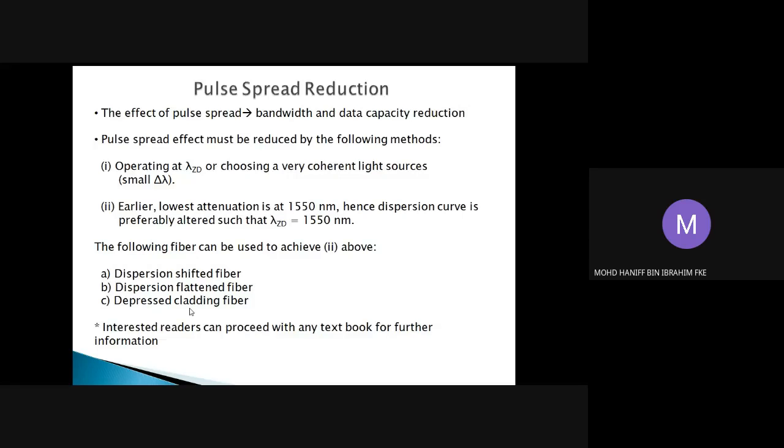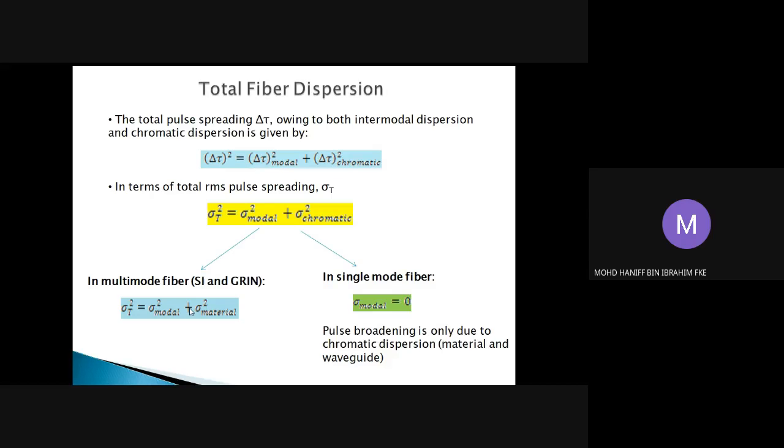Okay, so now we're going to have a summary of the total fiber dispersion, which is a combination of lecture 6 part 1 and lecture 6 part 2. We have now concluded that the pulse spread Δτ, based on the non-overlapping assumption, owing to both intermodal dispersion and chromatic dispersion, shall be given by this equation.